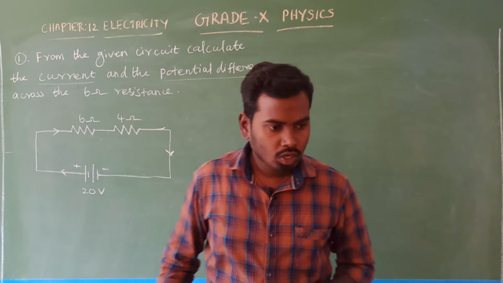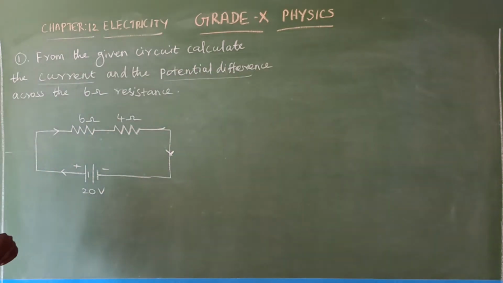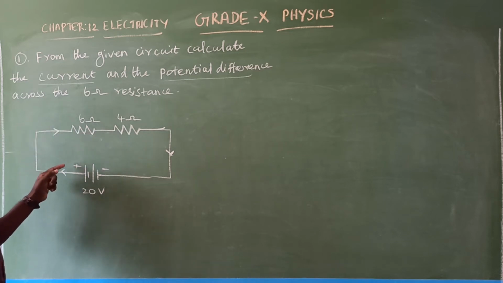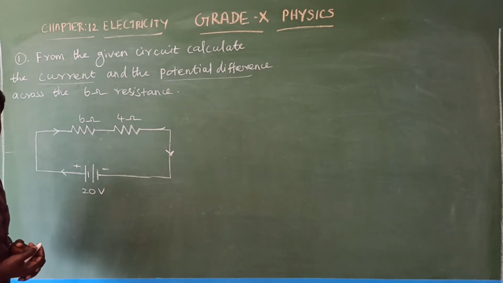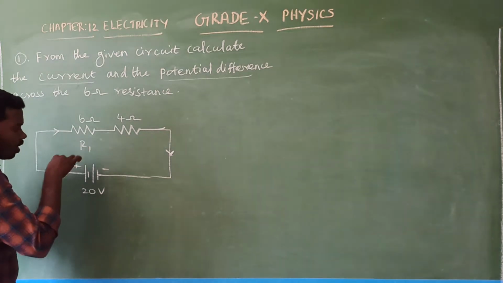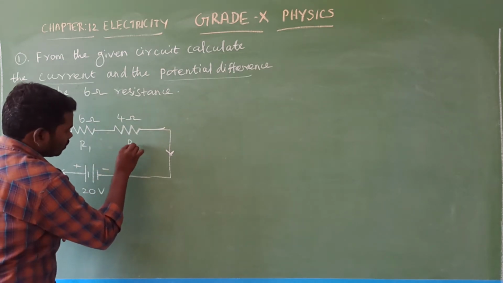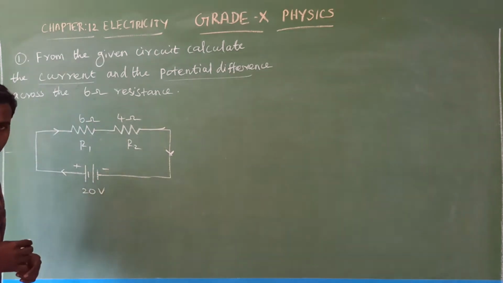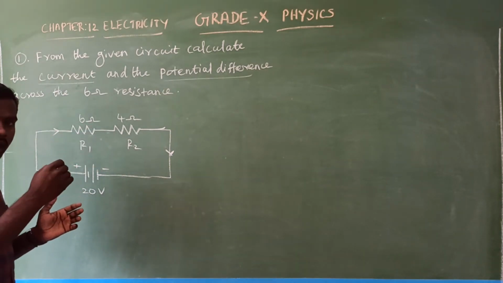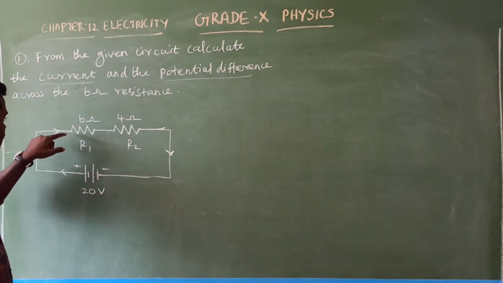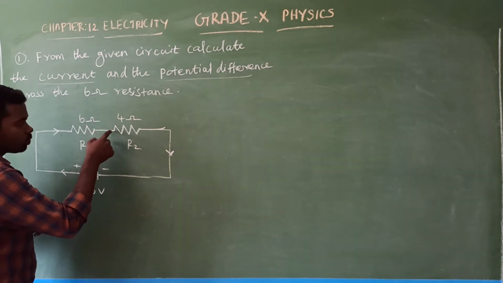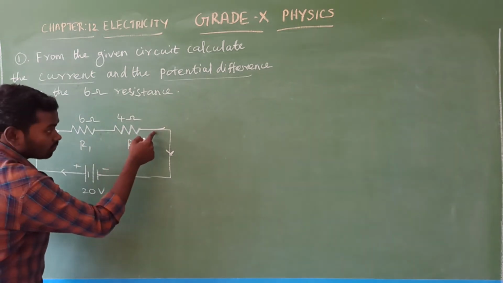So this is the circuit diagram. Here two resistors are connected in series. Why is it called series? Because this is resistor 1, which I'll denote R1, and this is resistor 2, which I'll denote R2. The two resistors R1 and R2 are connected end to end. This is one end of resistor 1, this is the other end of resistor 1, and this is one end of the second resistor, and the other end of the second resistor.